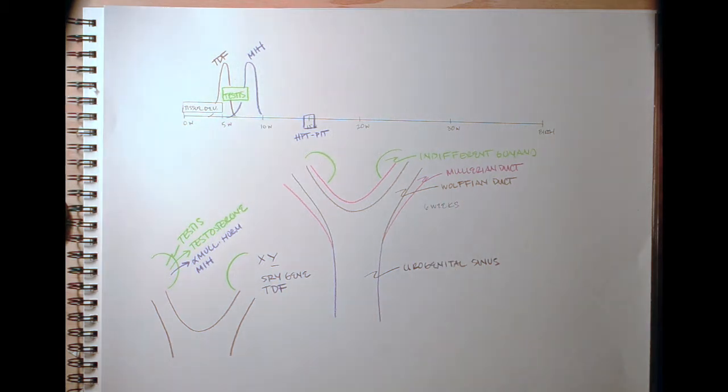So the Mullerian duct will no longer be present in the genetic male who has expression of Sertoli cells who are producing this Mullerian inhibiting hormone. So basically what we get is a regression of the Mullerian duct.